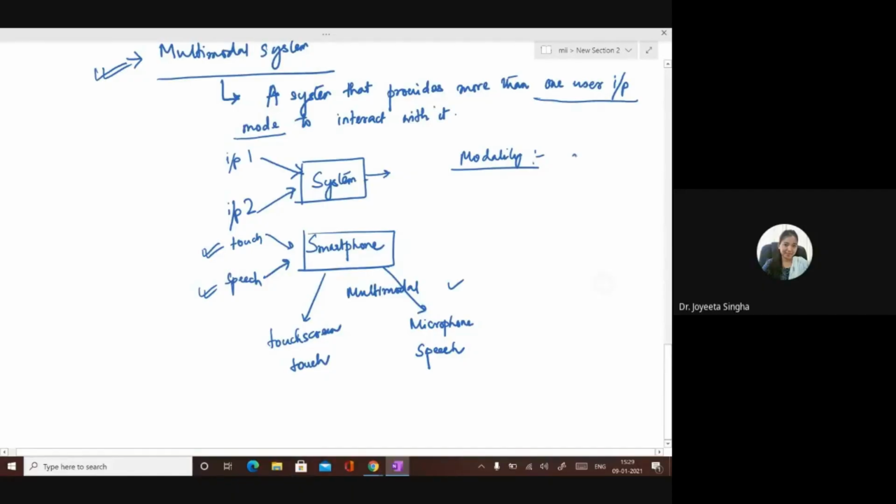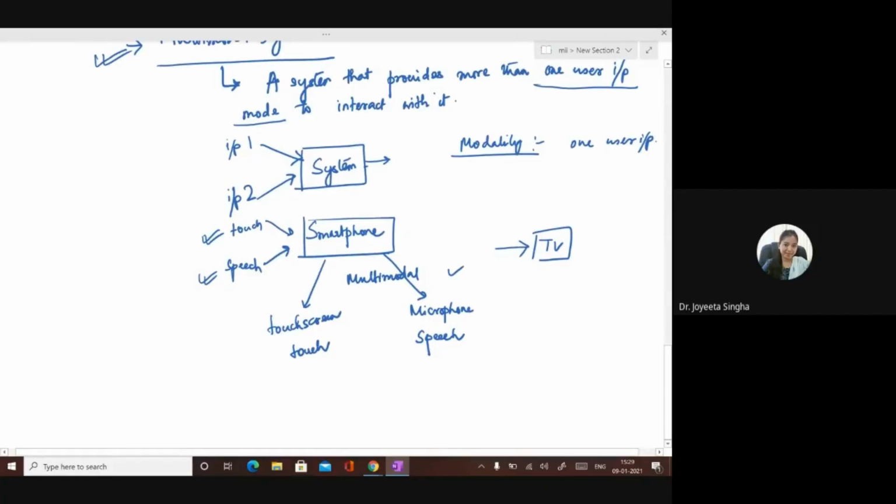With the old television, you don't use any human sensors in order to switch on the TV, whereas with a smartphone you use human sensory organs to operate the object. That's why we call it a multimodal system. This is the difference between multimodality and multimedia.